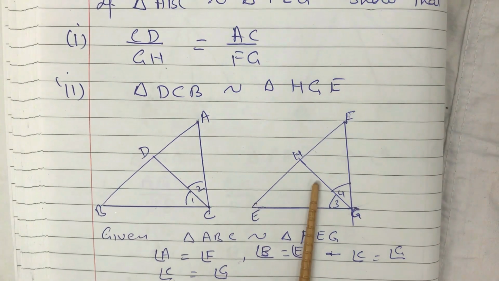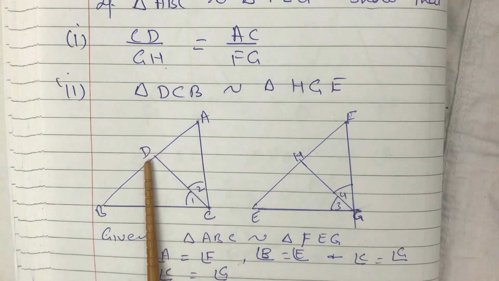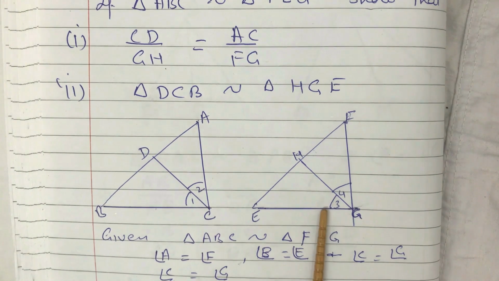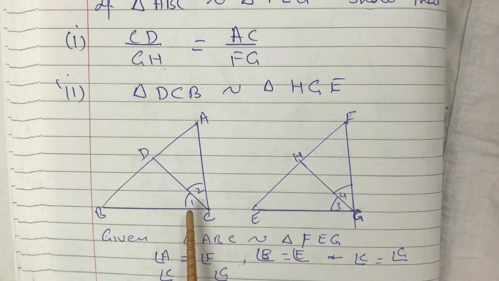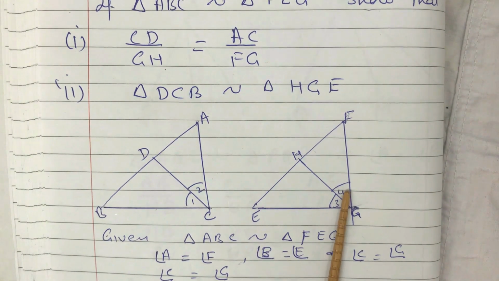Now this is the figure for this statement. Here, what we have seen, CD is the bisector of this angle. It means angle 1 is equal to angle 2, angle 3 is equal to angle 4. But here we will prove angle 1 is equal to angle 3, angle 2 is equal to angle 4.